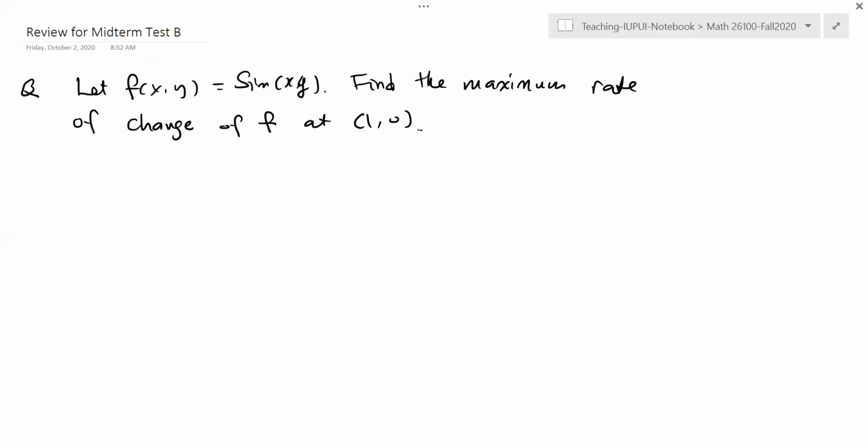Okay, now in my previous class, I already mentioned the formula. Okay, but let me repeat again.